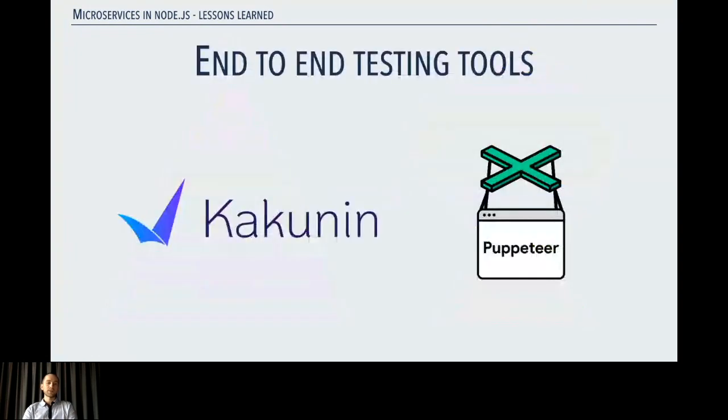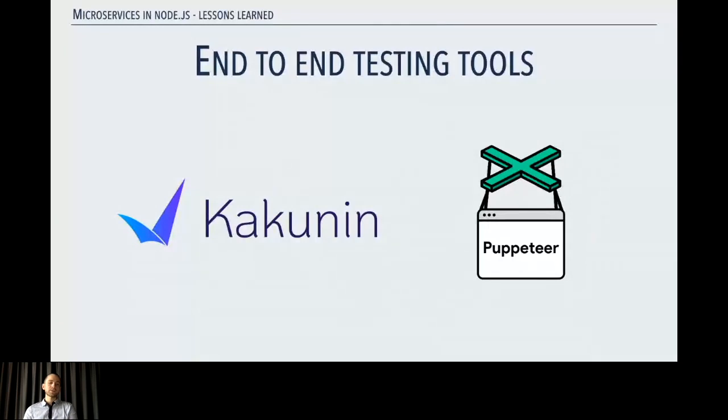And for end-to-end tooling, you can use Kakunin or Puppeteer. Kakunin is our open source project created at TSH. You can find it on GitHub, and it uses Protractor and Gherkin under the hood. You can test solutions on various browsers as well.